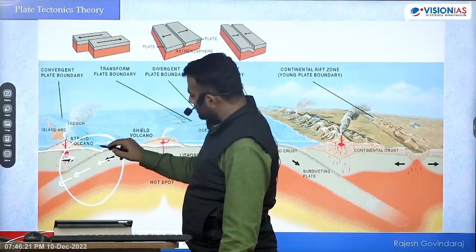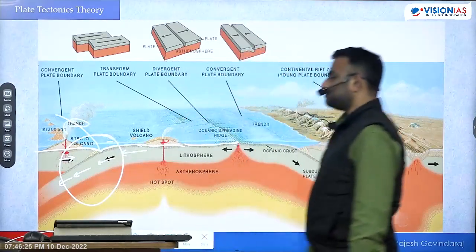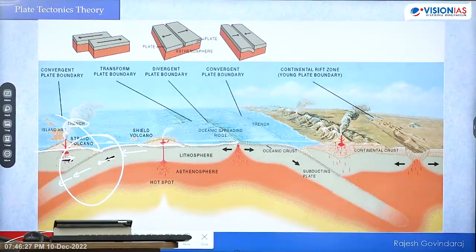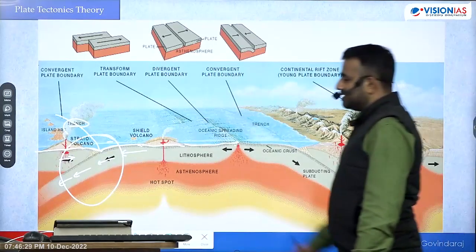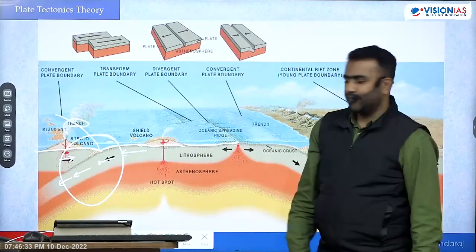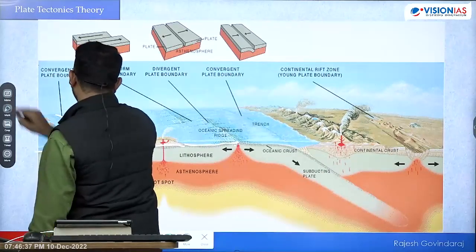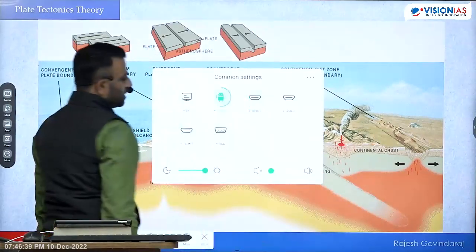That is called a trench. What is a trench? A trench is the surface part of this subduction zone, where two oceanic plates are converging, and one of them is subducting below another one.